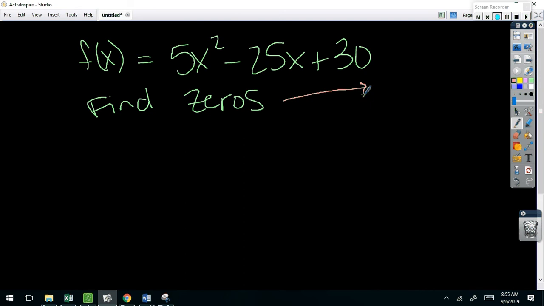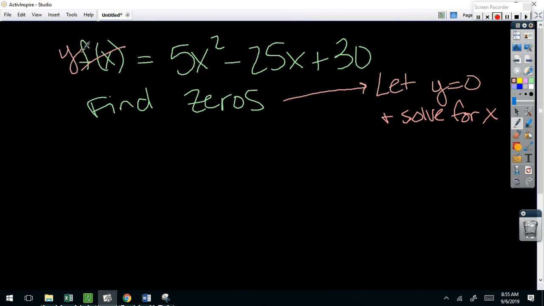All right, what do you do? What's always true at zeros? We just said it. Y equals what? 0. So if y always equals 0, why don't we let y equal 0 and solve for x? This is the same thing as y, so if that's the same thing as y, make it 0.